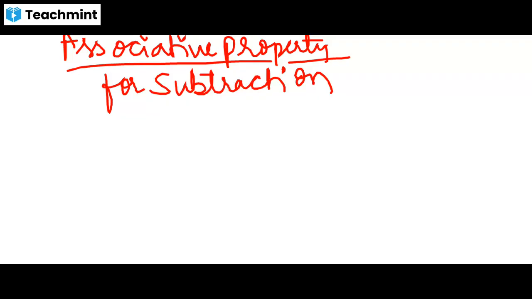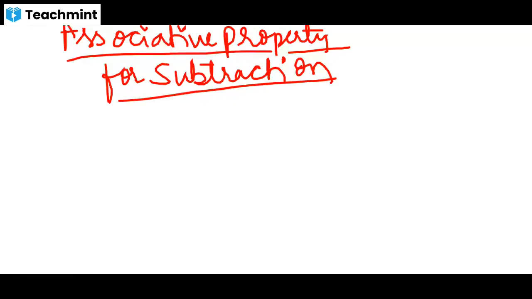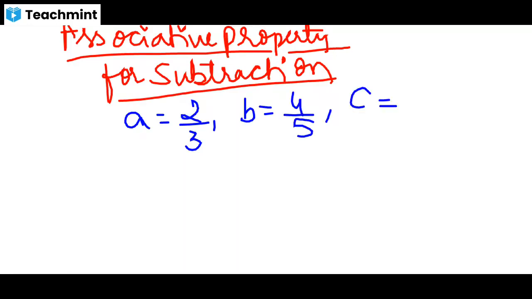That you should check. So to check that, we'll take a value as 2 by 3, b value as 4 by 5 and c value as 1 by 2.